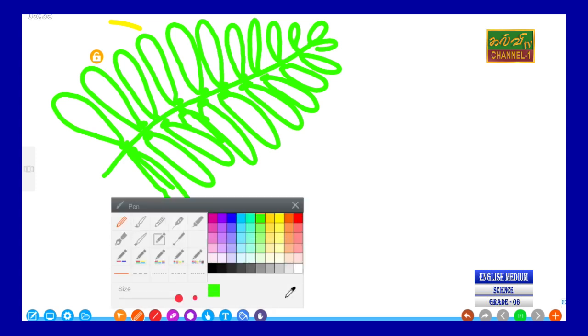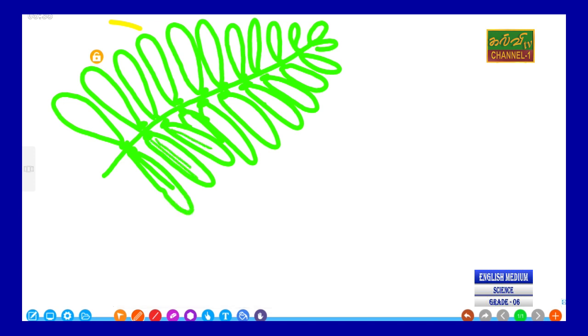This mimosa plant, normally in the daytime, looks like this. This is the fresh condition.